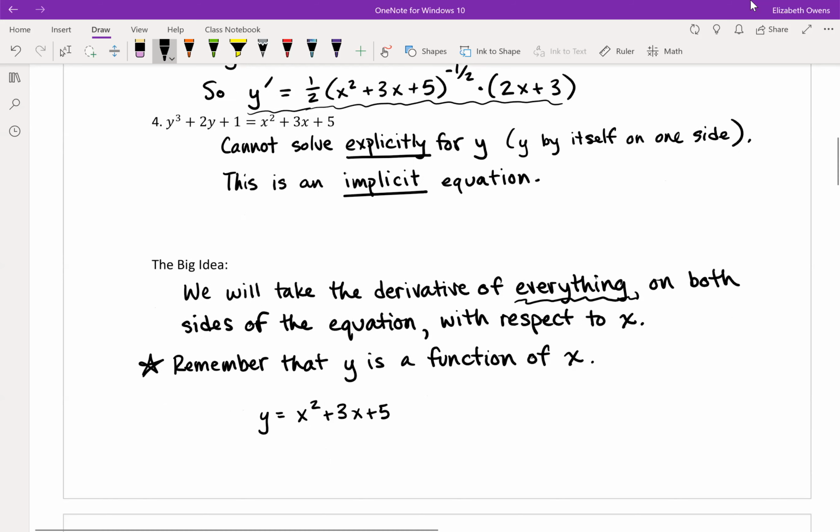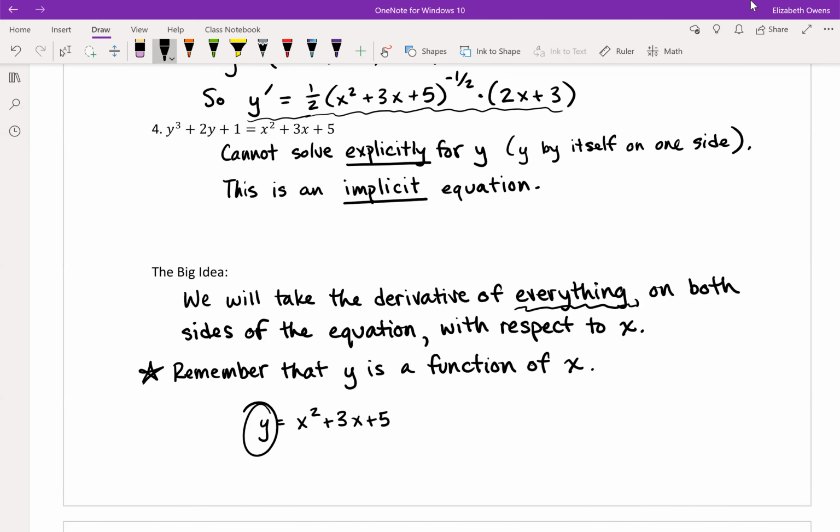It's just that one side of the equation has always happened to be y alone, solved explicitly, because we are taking the derivative with respect to x of that side of the equation of y to get the derivative overall. So we're doing derivative with respect to x on both sides of that.